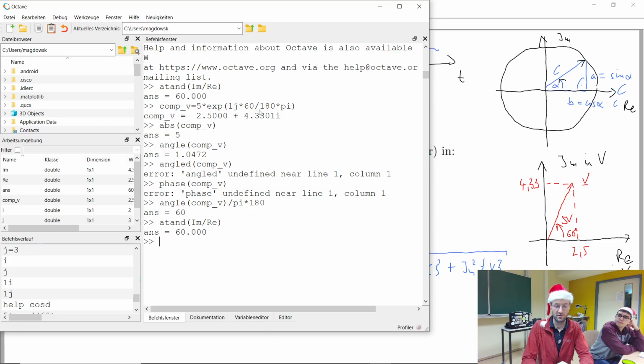So just a short quick check, if I take an angle that is larger than 90 degree, maybe 120 degree, then we get a negative real part.